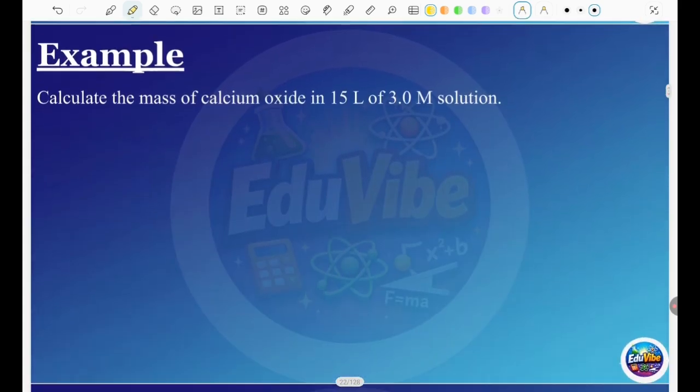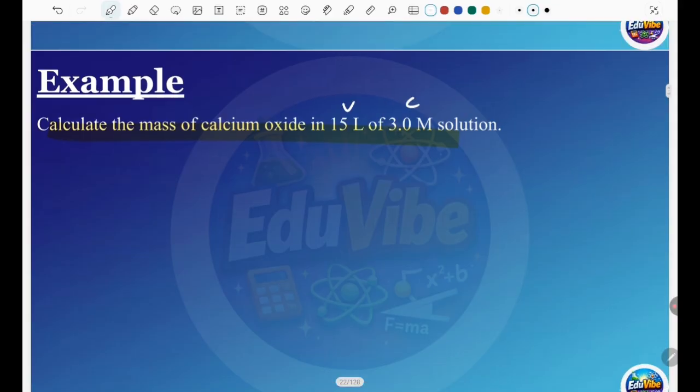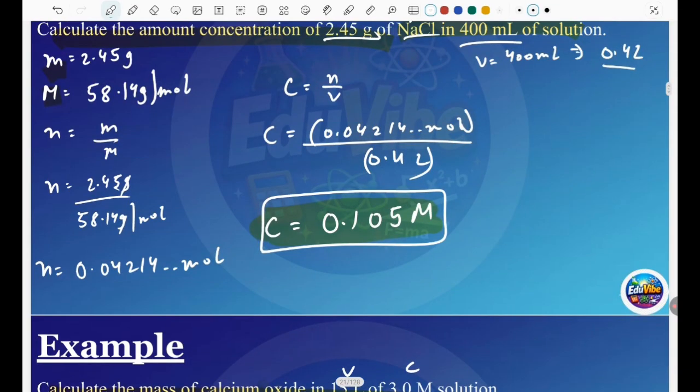Last question, last example. Now calculate the mass in 15 liters of 3.0 M solution of calcium oxide. Now we have to find the mass. They've given us the volume, and they've given us the c. So firstly, do the backward thing. Before, we found the n, then we found the concentration.